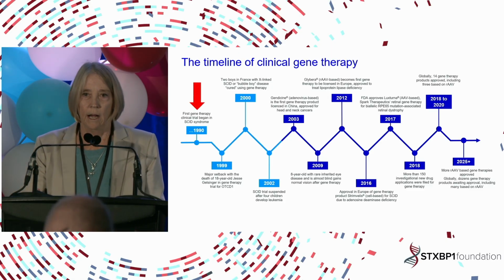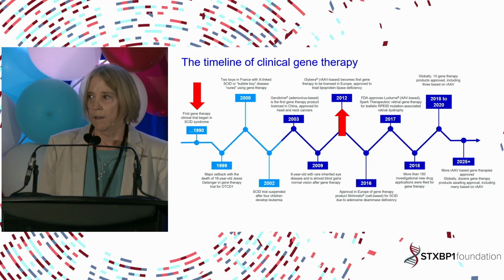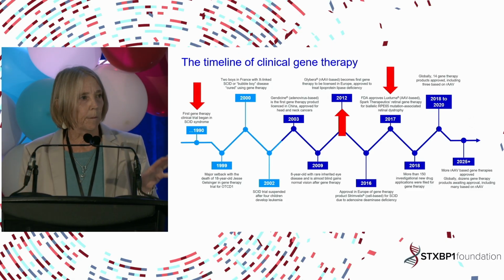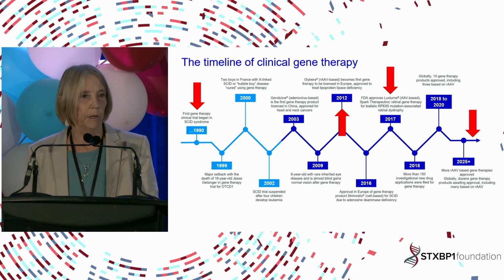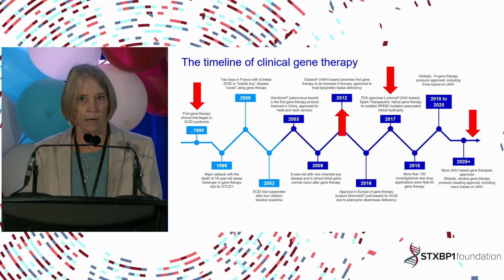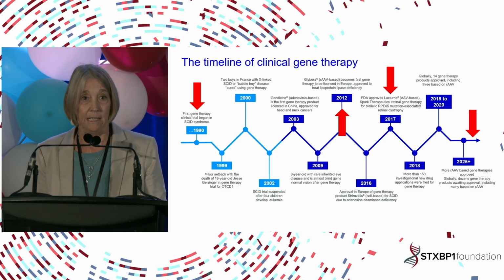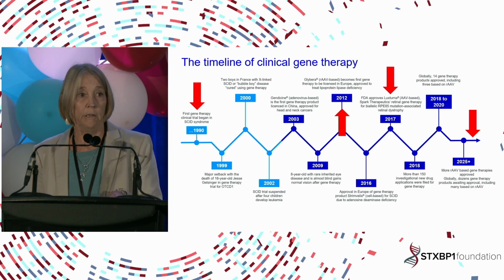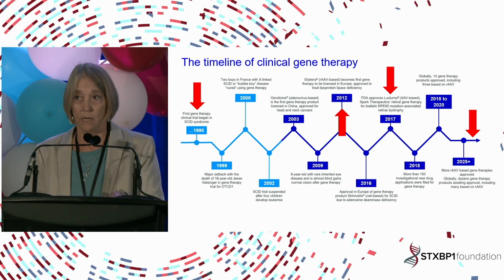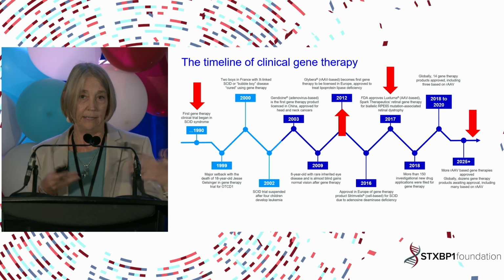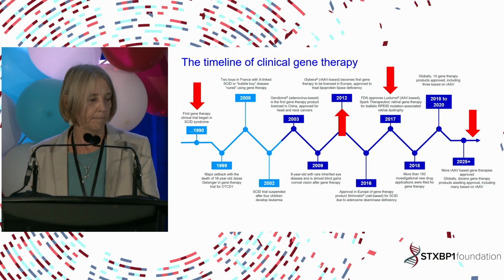So what is the timeline of clinical gene therapy? I thought it was important to put this up for perspective here. So in 1990 was the very first human gene therapy trial. Now the first gene therapy experiment was done in the mid-60s, where a gene was put into a cell in a dish for the very first time in a heterologous way, meaning that that gene wasn't normally in that cell.